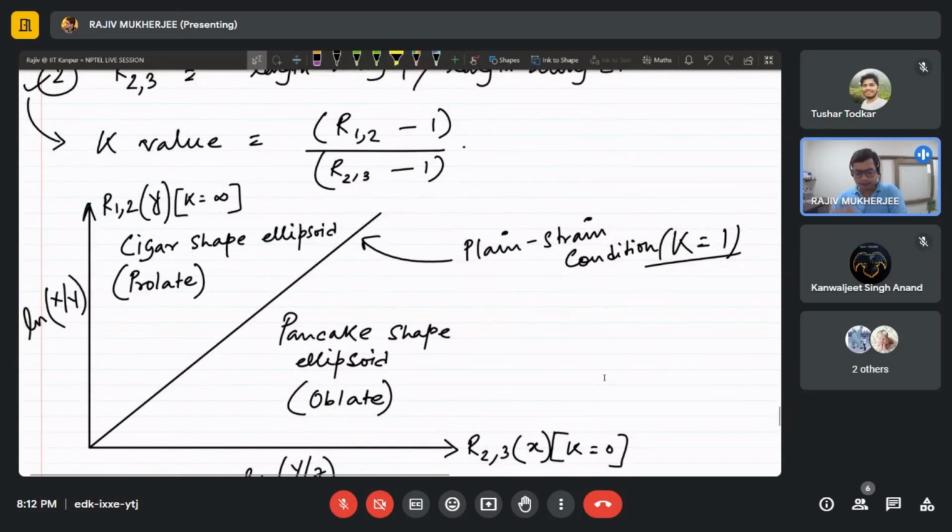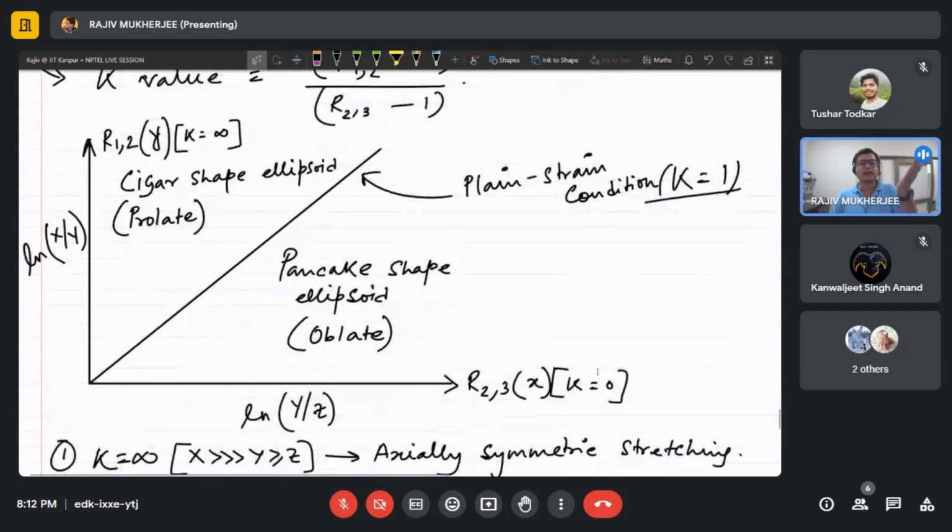And depending on the position of the points, you can easily segregate whether they are falling in the prolate shape or the oblate shape. And from that you can have an estimation of the value of k, and that would tell you what kind of deformation it is, whether it is constrictional strain, flattening strain, axially symmetric stretching, axially symmetric flattening or plane strain condition.